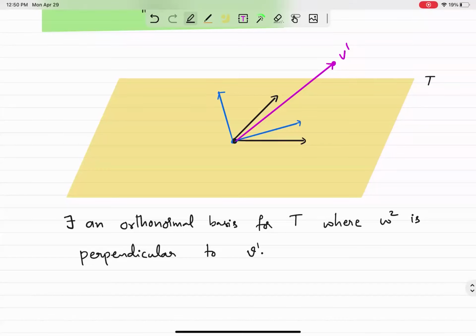Technically, you would say, okay, just project v1 here. Maybe let me erase this guy just so it's not too confusing.